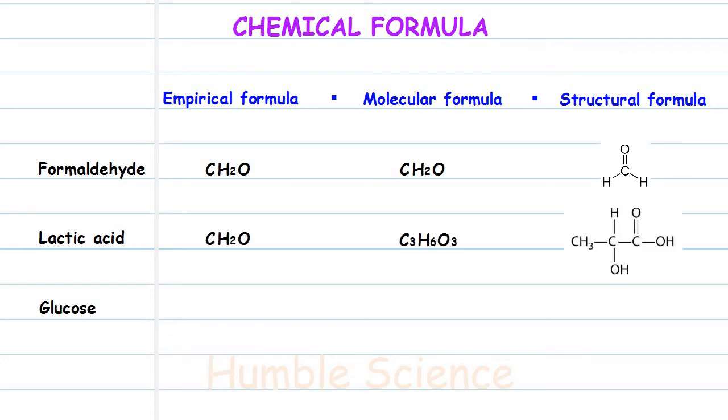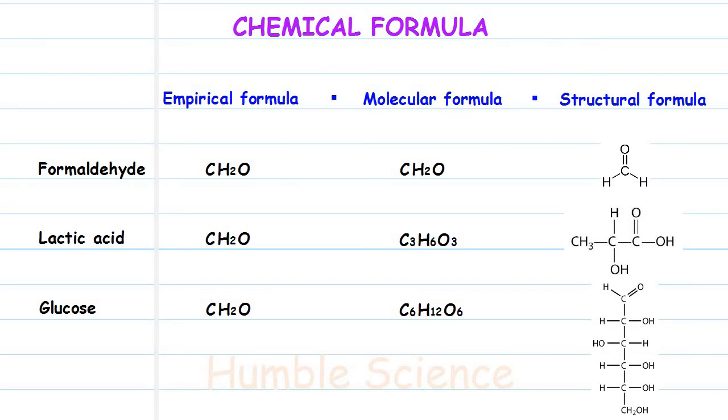For lactic acid, the empirical formula is CH2O, which is the same as in formaldehyde, but the molecular formula is C3H6O3. And its structural formula also shows that it contains 3 carbon, 6 hydrogen, and 3 oxygen.